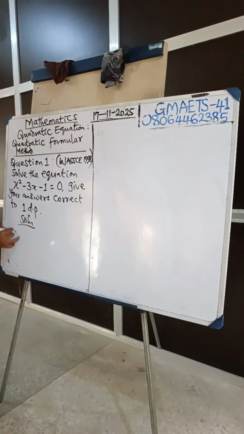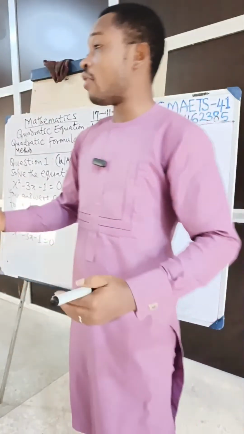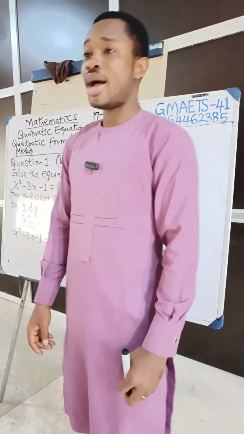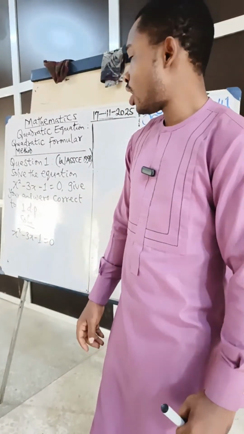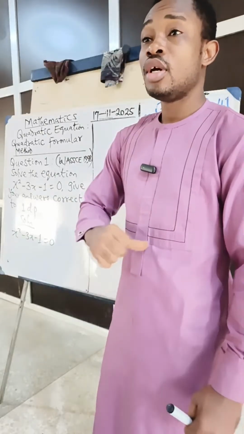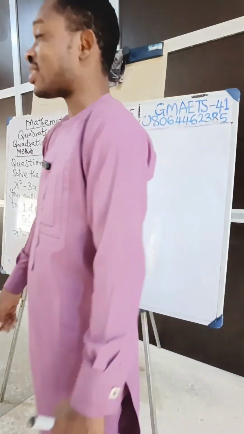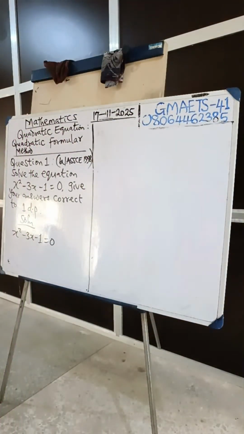Now the question given to us is x squared minus 3x minus 1 equal to 0. The first thing you need to do is to identify the value of a, b, and what? C. Are we ready? Have you copied the question? Copy quickly. Be fast. Remember when you are going for WAEC in theory, for example, you must be very, very fast.